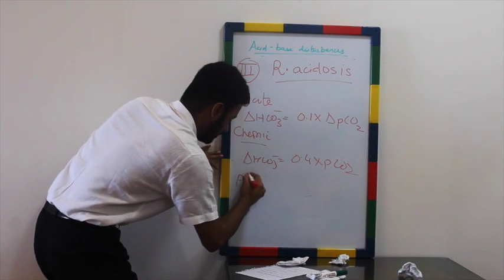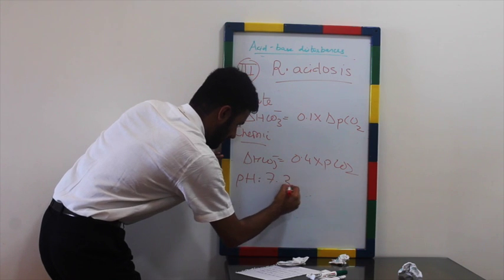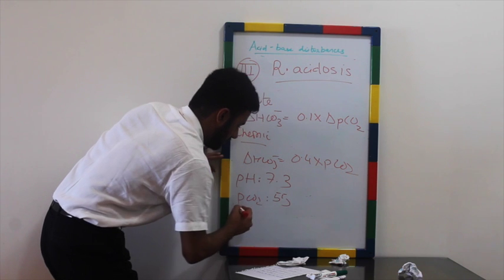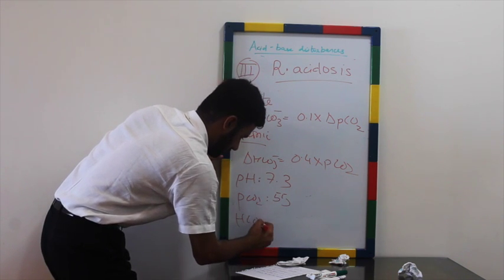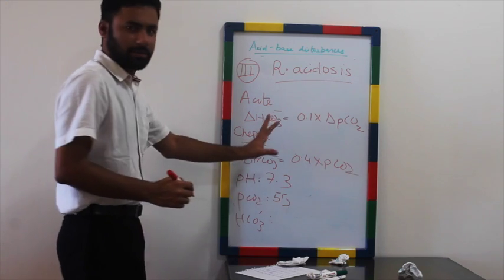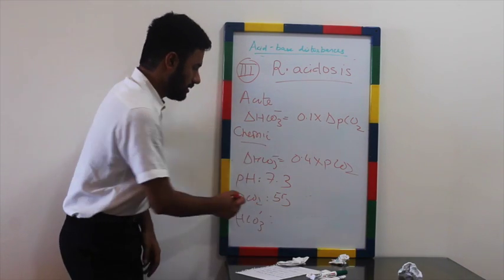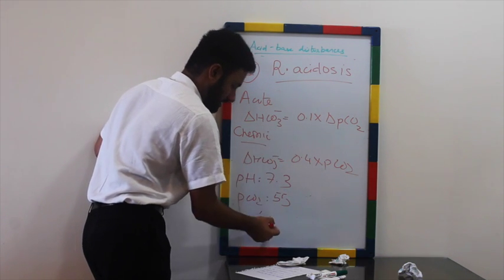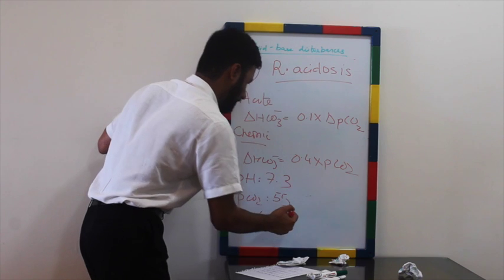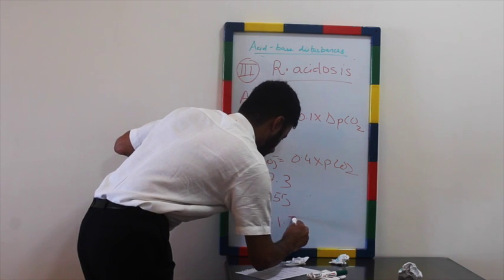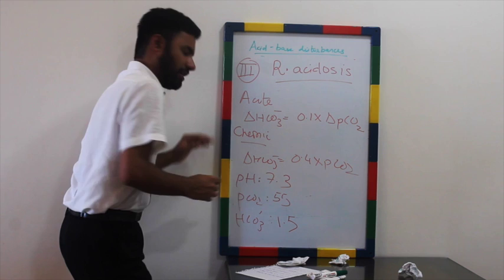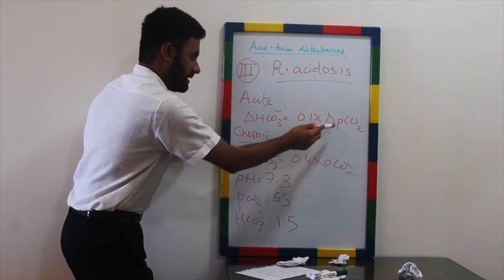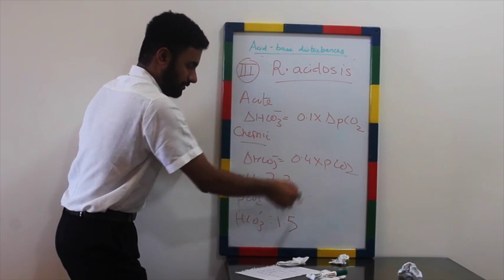Now let's say, for example, the pH is 7.3, PCO2 is 55. What should be the expected bicarbonate? If it's an acute disorder, the expected bicarbonate increase will be 1.5, because delta PCO2 is 15, and 0.1 times 15 is 1.5.